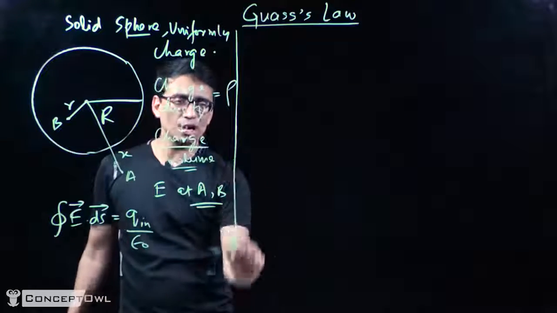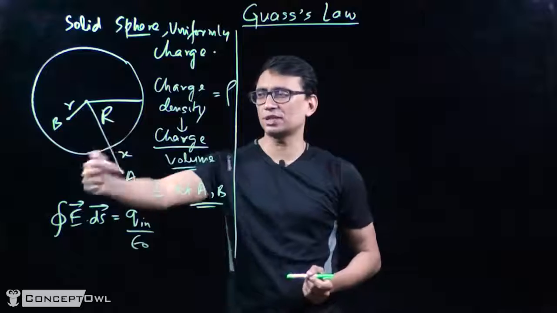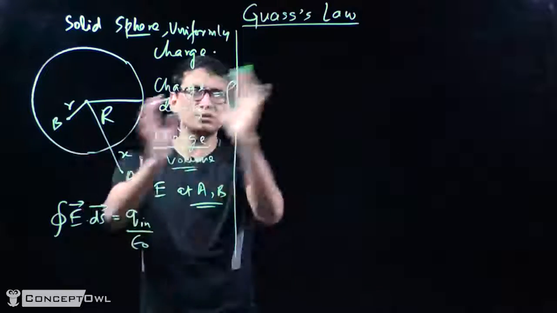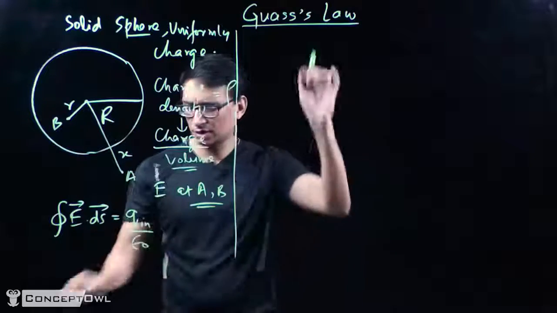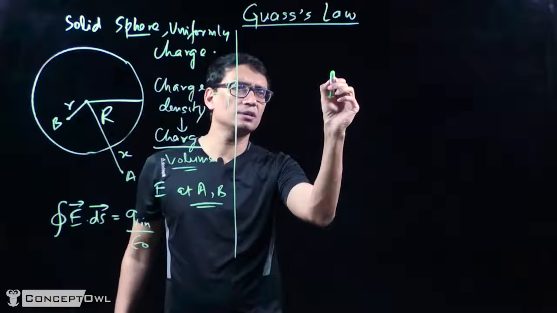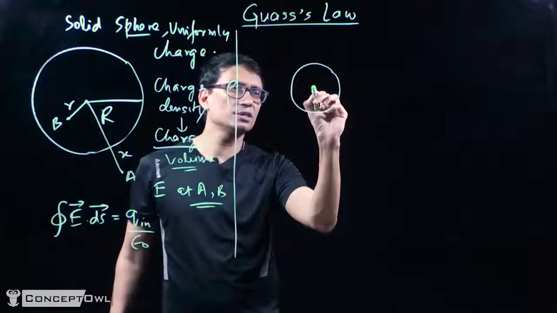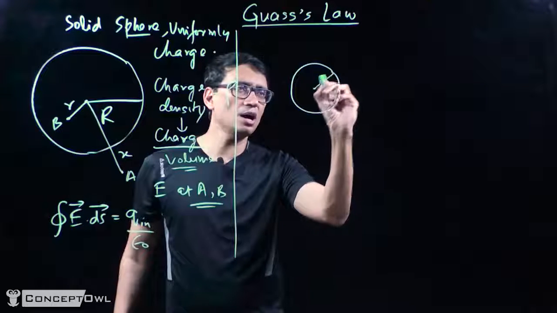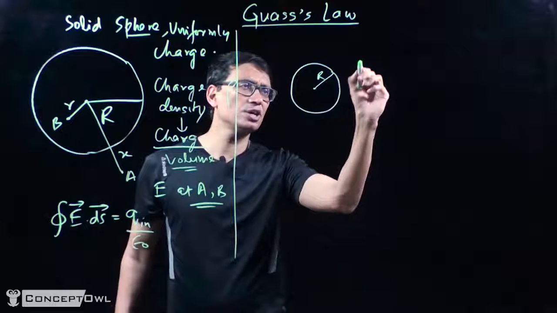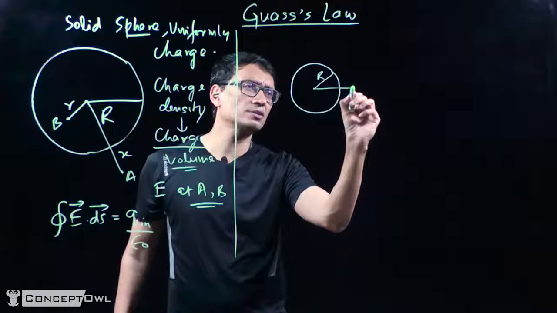So let us first start with the first problem, which is for distance x outside the sphere. Here I will draw the same thing, but I'll make it smaller just so I can accommodate. This is my sphere, and this is the radius, capital R. This distance, let us say, is x.